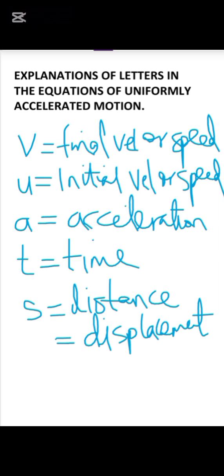All right? Remember that speed or velocity talks about how fast a moving object is. So when a body is given an initial velocity or an initial speed, then the fastness of the body may not be the same. As the body moves, sometimes it moves fast, sometimes it moves slowly.